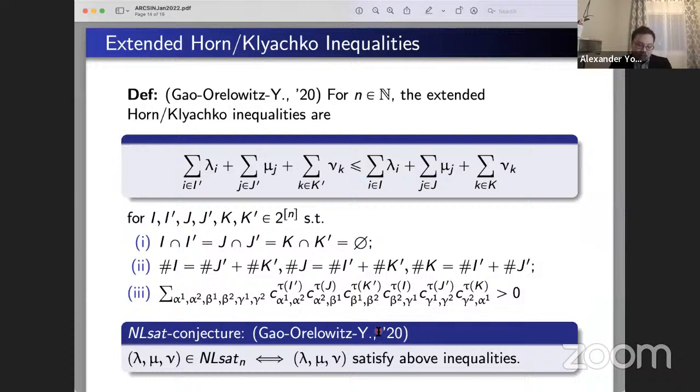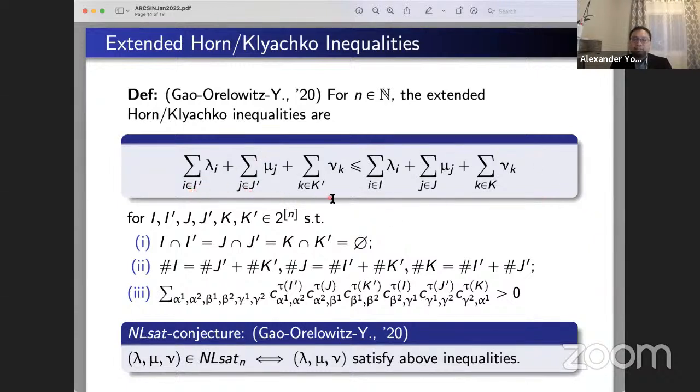How about Klyachko's inequalities or Horn's inequalities? In our earlier paper with Gao and Orelowitz, we defined a list of inequalities that has some resemblance to the Klyachko inequalities. It's going to be more complicated, but this is the main form of the inequalities. And again, it's the same thing.